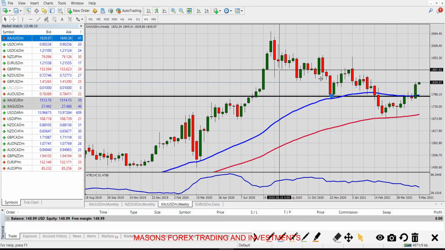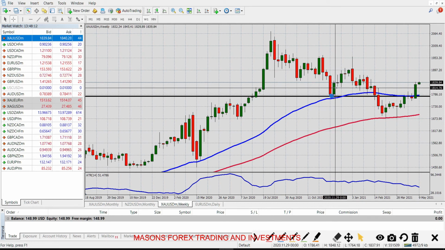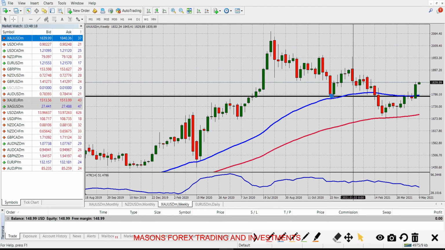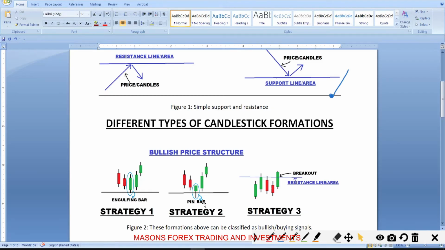this candle on the weekly was formed on the 29th of the 11th 2020, and price pushed away from this line.